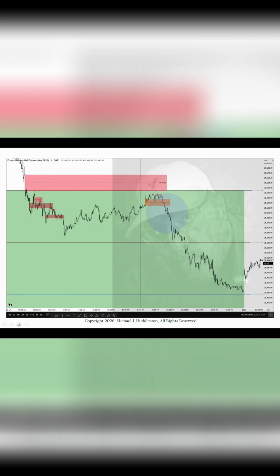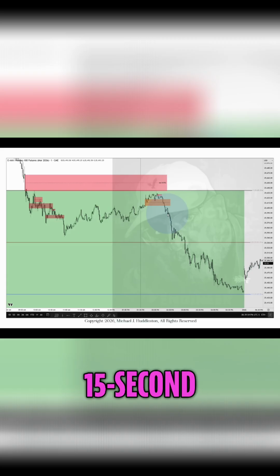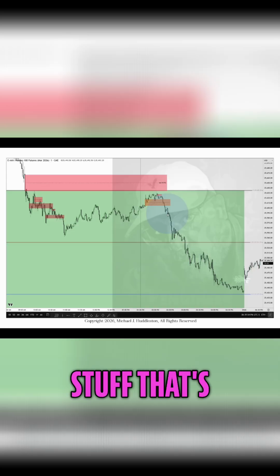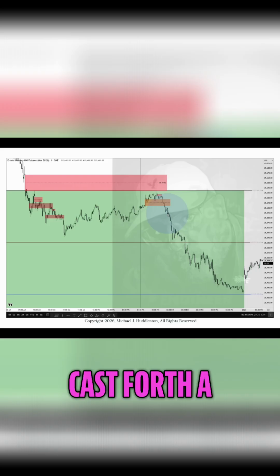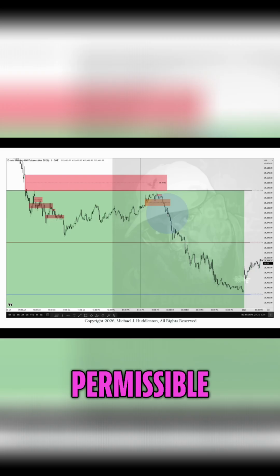Sure it did. But a lot of you probably were caught off guard because you're not looking for things on the daily chart. You're looking at 1 minute charts and 15-second charts and 5-second charts, 1 second charts, little squiggly patterns, trying to come up with something, trying to invent something, instead of just simply using this stuff that's been handed to you for free. Cast forth a vision. Where is price at now? What is it permissible?